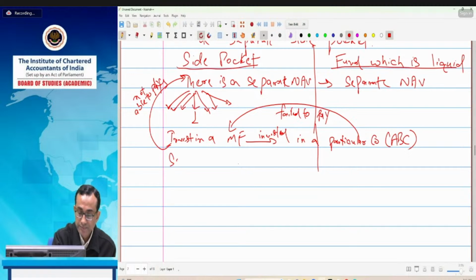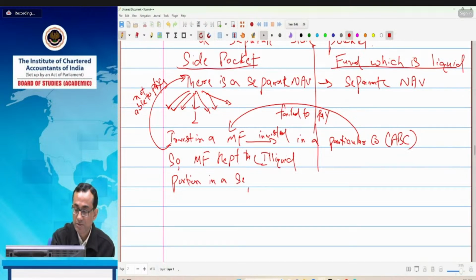So the mutual fund keeps the illiquid portion in a separate side pocket.